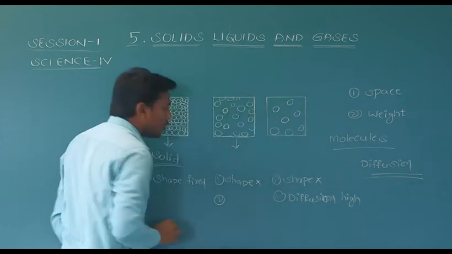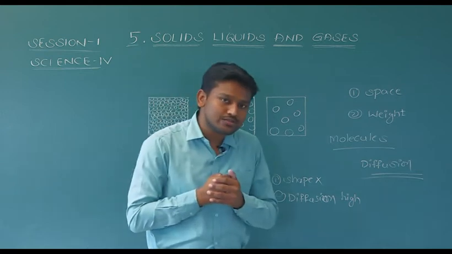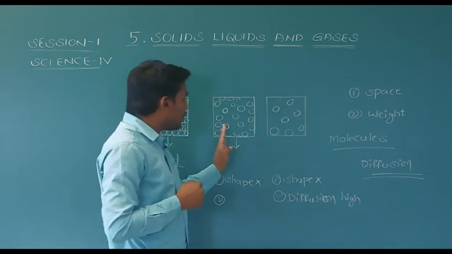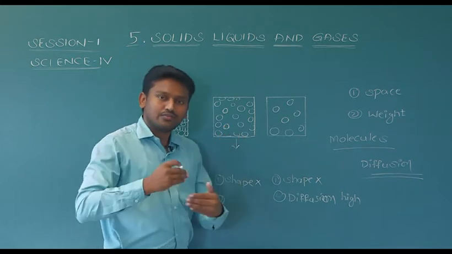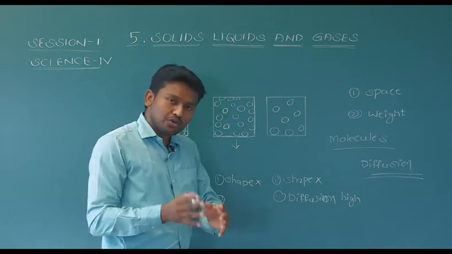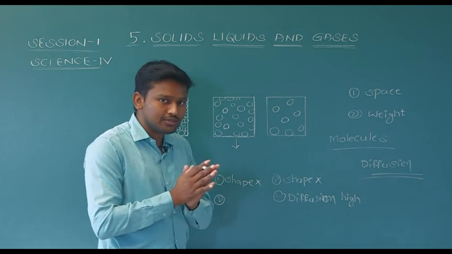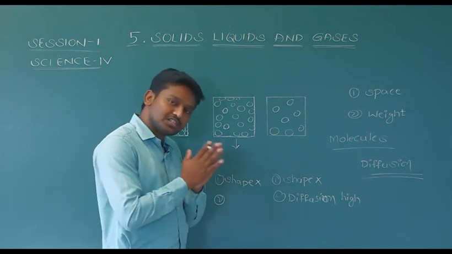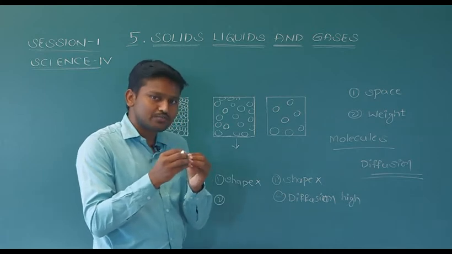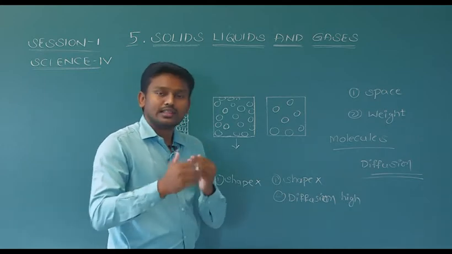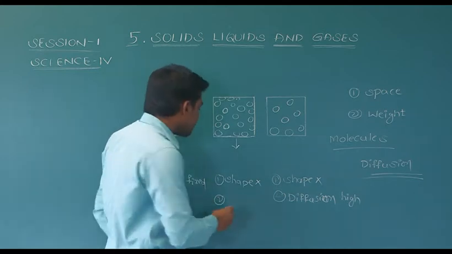Now in liquids, how is diffusion? Liquids' diffusion property is medium. They flow on the floor, though there is a space between the molecules, there is a force of attraction present. So, that is why they flow on the floor.